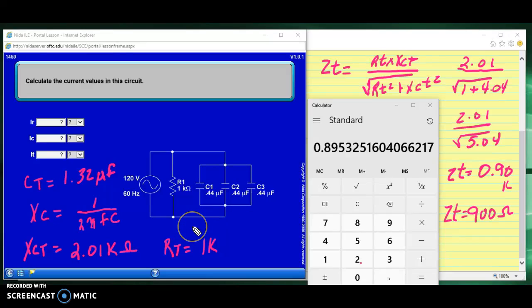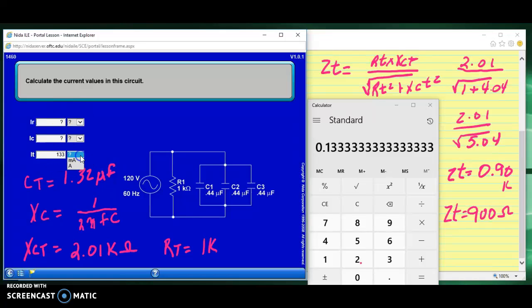So it is wanting the I of R, the I of C, and I total. We can go ahead and do I total and get that out of the way. We can simply take 120 and divide it by 900. And that's about 133 milliamps. So we'll say 133 milliamps, this is I total.